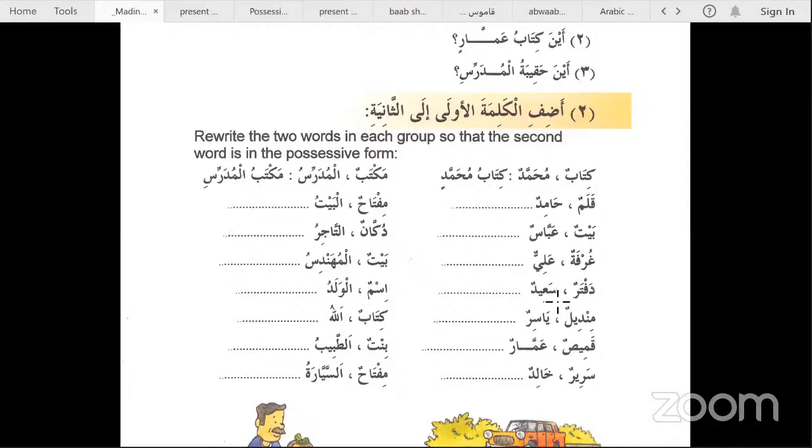Kamiso. Should I read the next? Yeah. Kamiso Amarin. Bint Tabibi. Bintu Tabibi. Excellent. Can you choose the next student to come on the mic now, please?